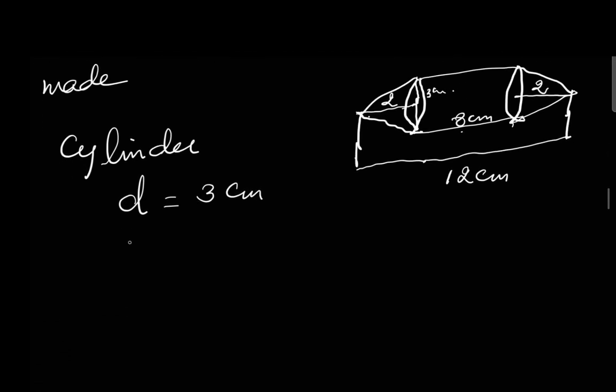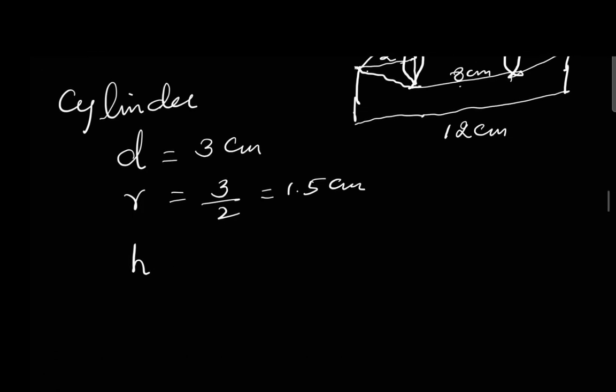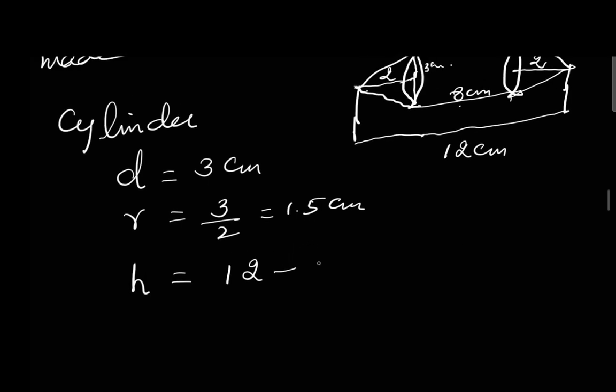So radius is half of this, 3 by 2, that is 1.5 cm. And the height of the cylinder, as I said, is the total height minus two times the height of the cone. So 12 minus 4 is equal to 8 cm.